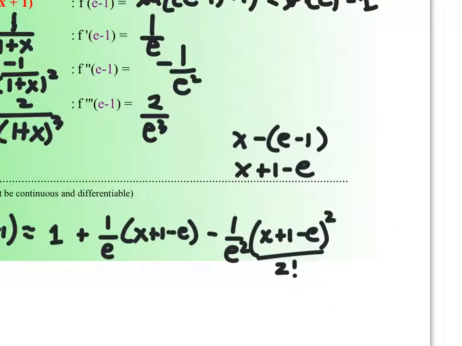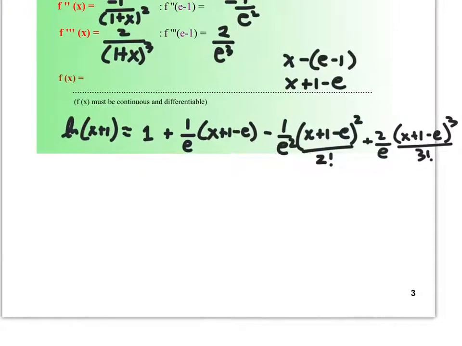Okay, and then our third term will be plus 2 over e, x plus 1 minus e cubed over 3 factorial. So let's clean this thing up.